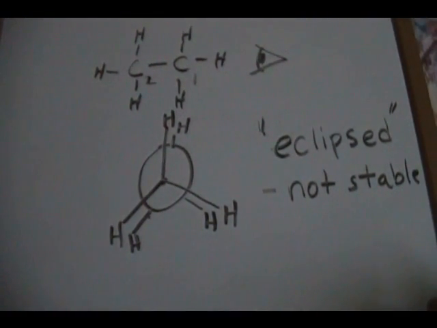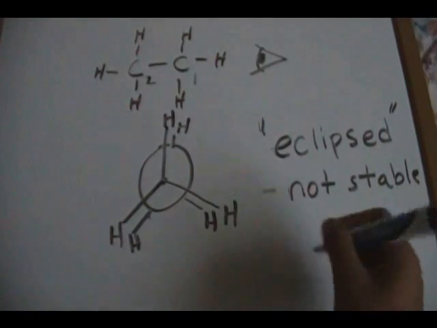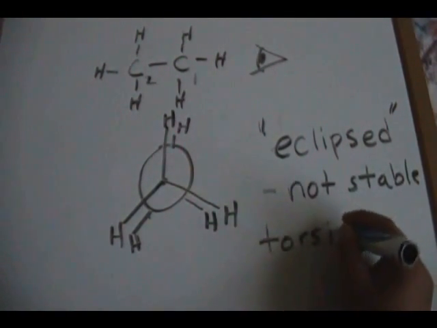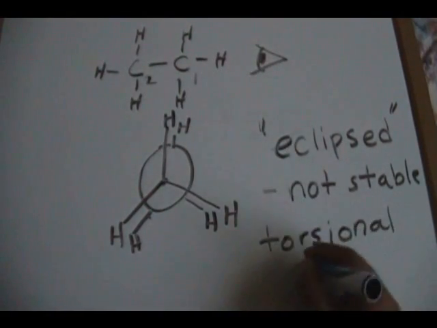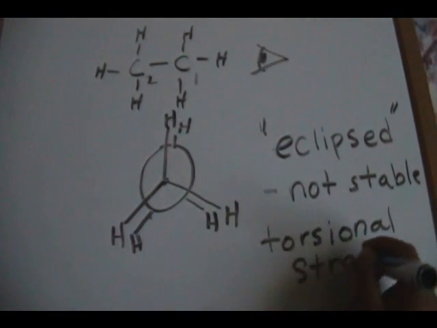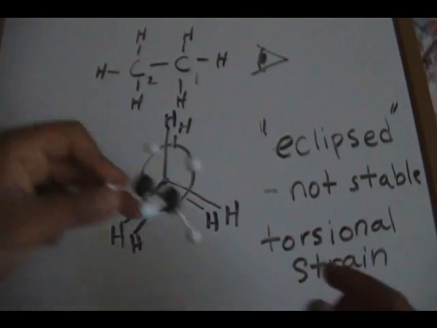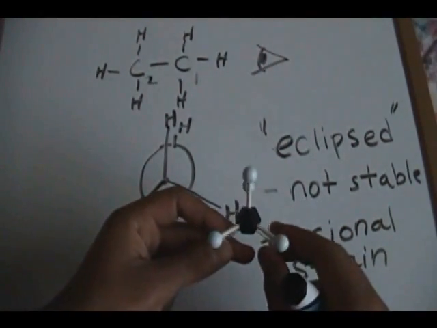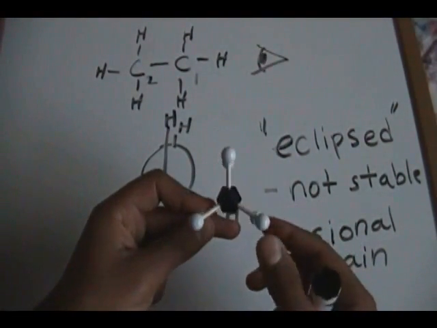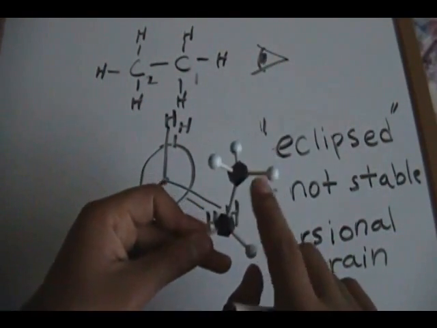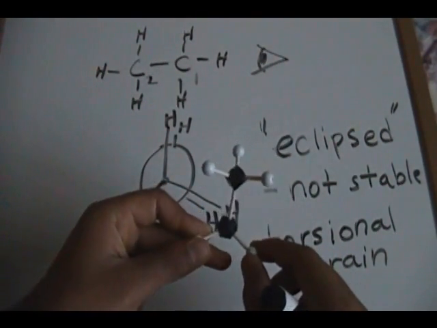So it's not stable, and the main reason why it's not stable is because of torsional strain, okay? So what is torsional strain? When you have atoms eclipsing like the way they are here, the hydrogen atoms eclipsing the other hydrogen atoms in the back, the bonds are directly above one another, okay?